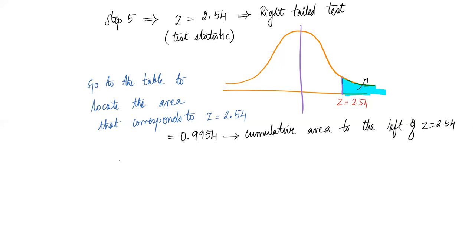So to find the right shaded area, we do 1 minus 0.9954. So this will give us, again, use your calculator, 1 minus 0.9954 gives us 0.0046. Okay.